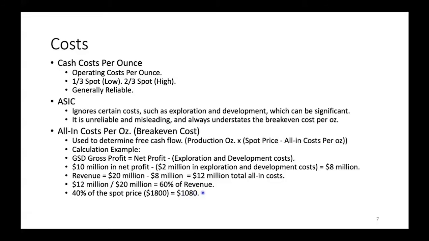And then if you compare this 1080 to the all-in cost the company reports, you'll find that the more they produce, the less the padding is. But the padding is going to be anywhere from, say, $100 to $300 over what they say their all-in cost is.